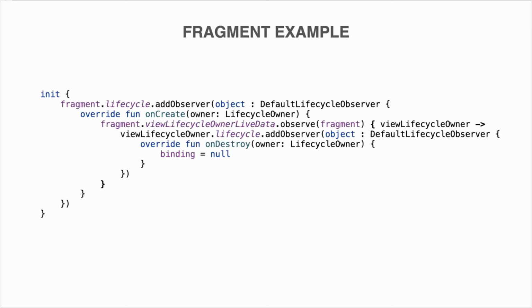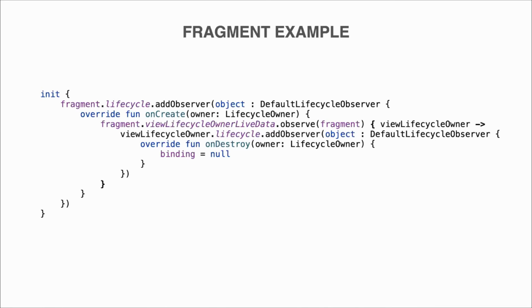That's the view lifecycle inside a fragment. A fragment lives longer than its views, but a view has a shorter lifecycle, and we are subscribing to the view lifecycle. That's the UI part on the screen. And once the view is destroyed, we destroy the reference to the binding to avoid any memory leaks.